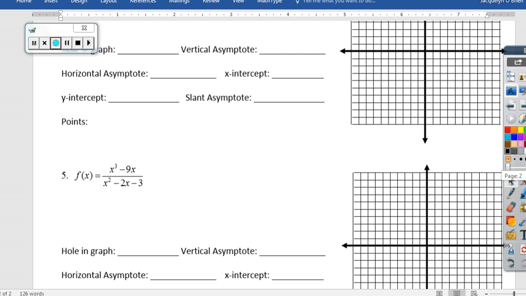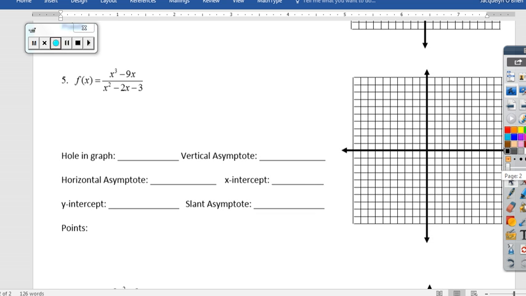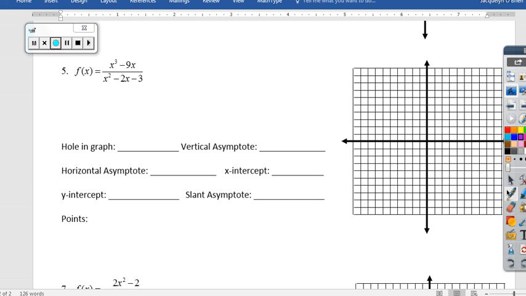Just put this down a little bit more. I'm going to start by factoring. I do notice that the exponent in the numerator is bigger than the denominator, which opens us up to a possible slant asymptote. So we start factoring. We get x times x squared minus 9 all over x minus 3, x plus 1.